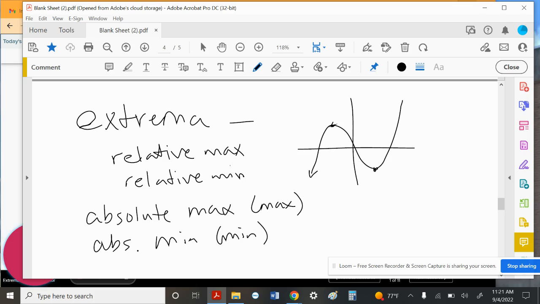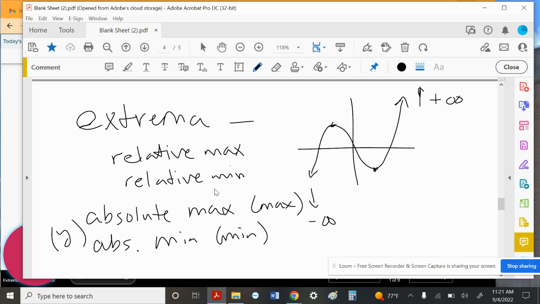So if I have a function that's doing something like this, one end's going all the way down to negative infinity, and this one's going all the way up to positive infinity. So my overall or absolute maximum would be positive infinity. My overall or absolute minimum would be negative infinity. So this deals with the y values, of course, when we're looking at absolute max and absolute min.